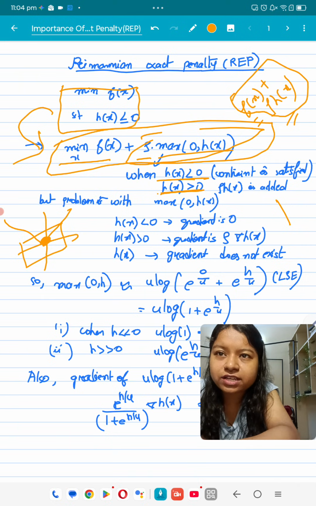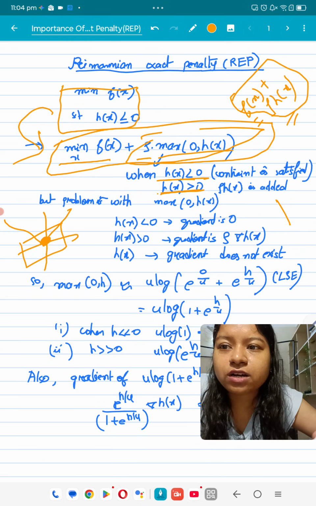So we need to convert this max operator into some smooth differentiable function.